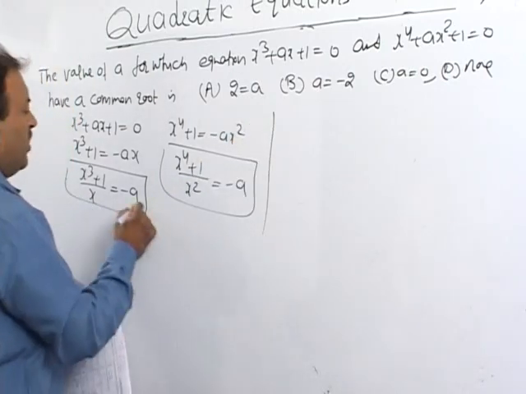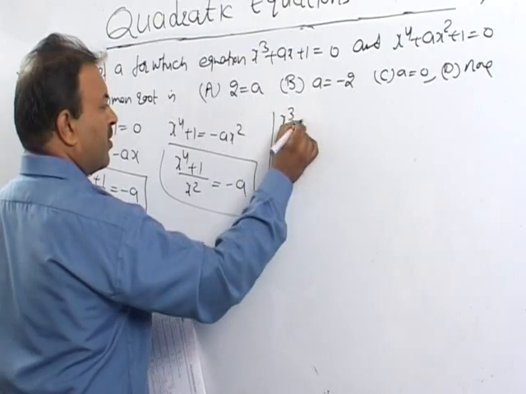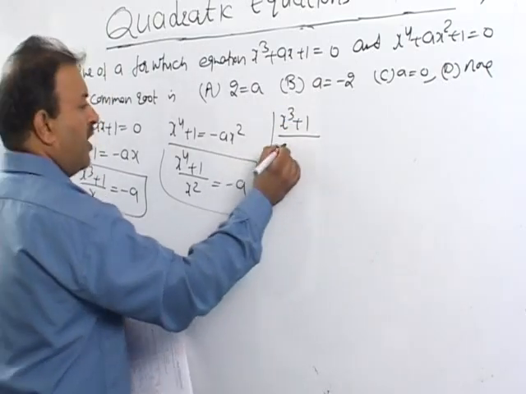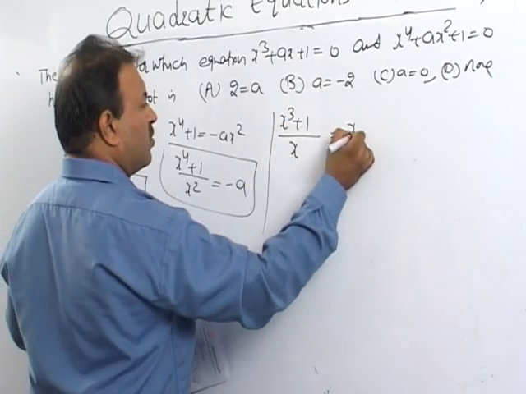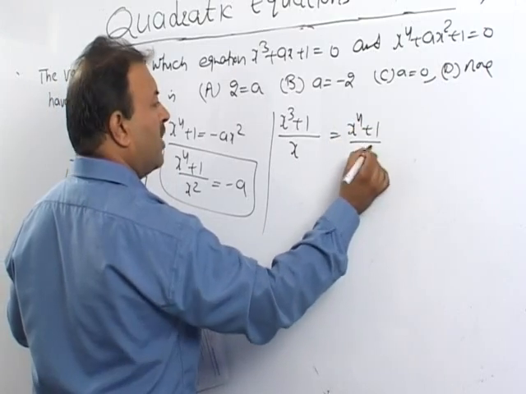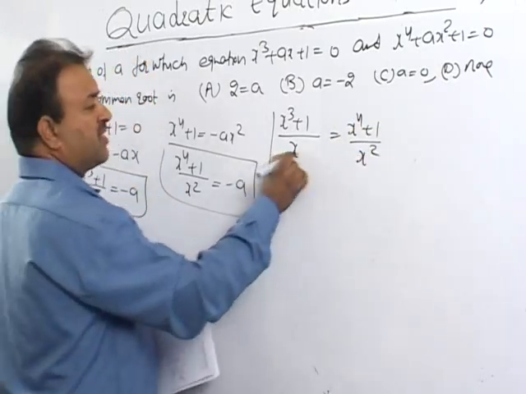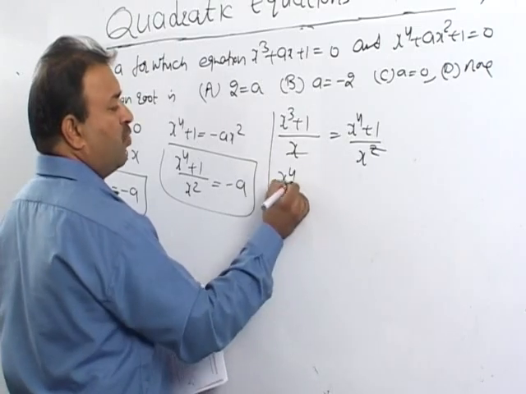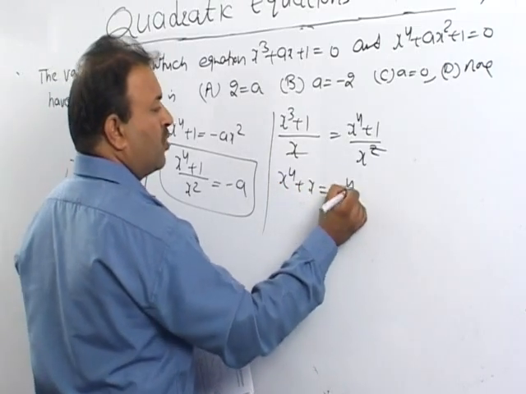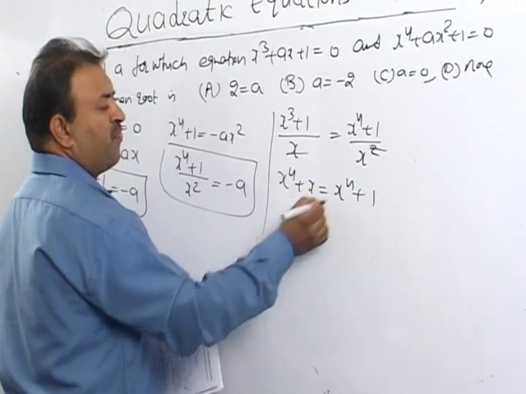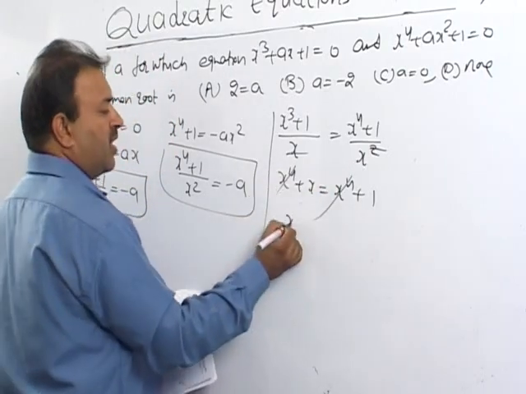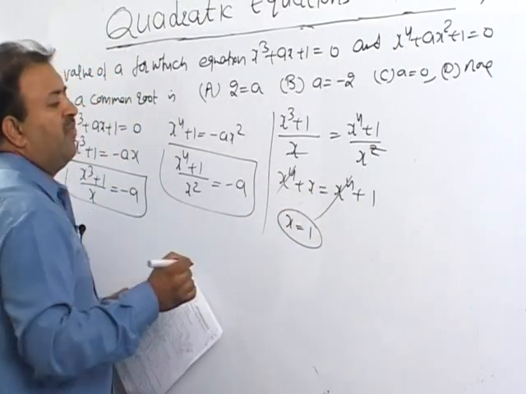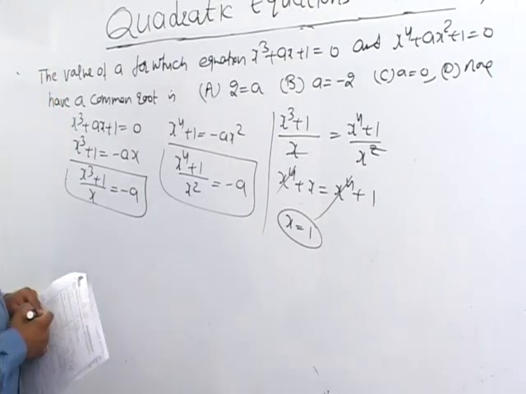Now see, a is the same variable in both the equations, so we'll equate them. We get x cube plus 1 upon x is equal to x4 plus 1 upon x square. Here this x and x will be cancelled out. We cross multiply: x4 plus x is equal to x4 plus 1. We find x4 will be cancelled out, and the value we got is x is equal to 1.